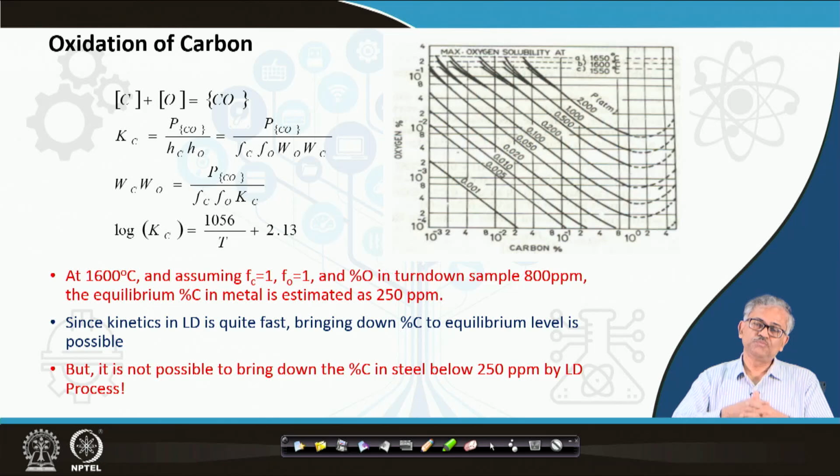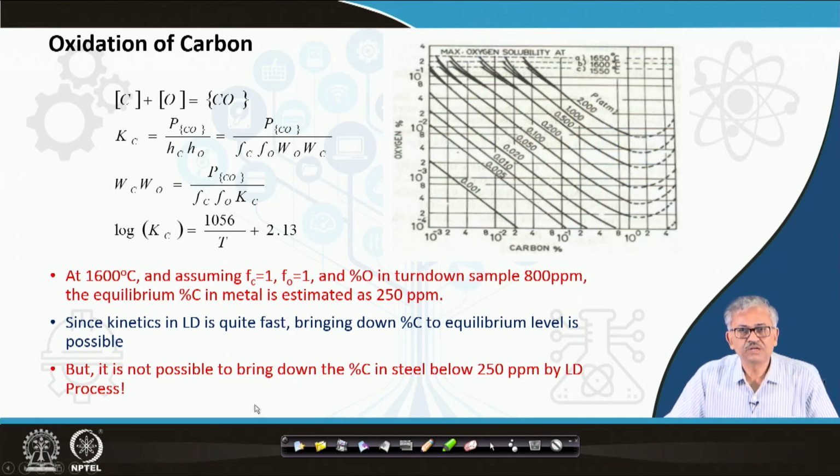So, if you want to make very ultra low carbon steel, like for stainless steel or IF steel, you have to take the help of vacuum, because this reaction will respond to the vacuum very significantly, because the product is a gas. Under vacuum we can easily lower the carbon percentage to a very low value.